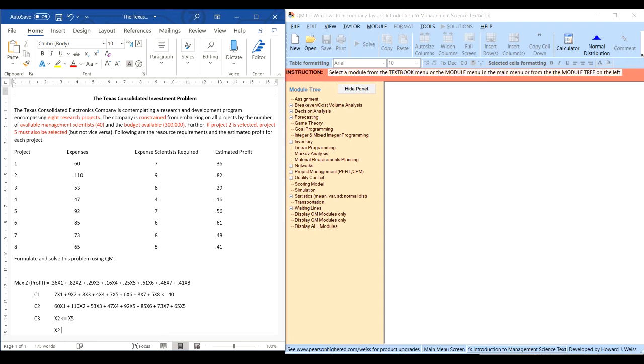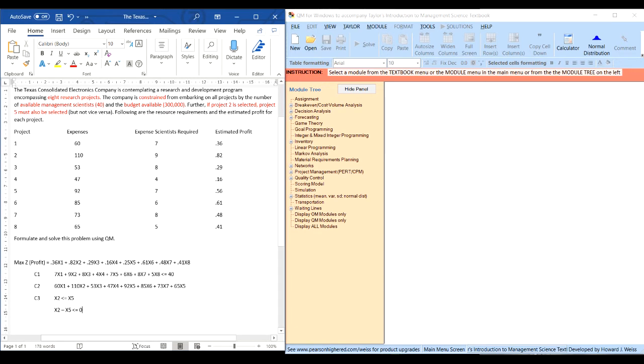x2 minus x5 must be less than or equal to 0. So in this situation, if x2 is chosen, if x2 is 1, x5 must also be 1 for it to be less than or equal to 0. That's what we're showing here.